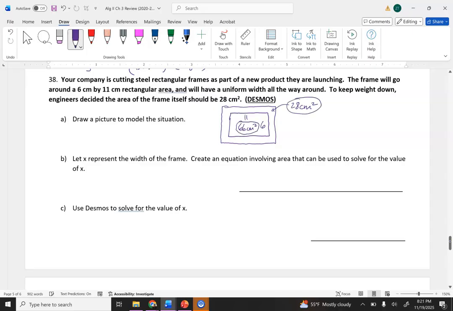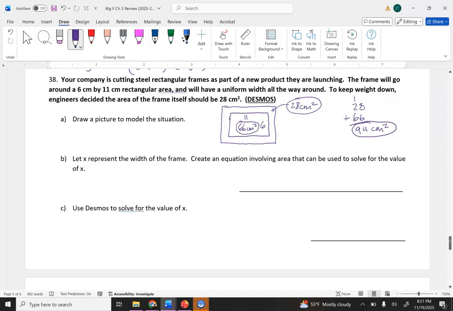Now we can obviously add those two values together. So 28 plus 66 would give us 94. So 94 centimeters squared represents basically the area of all of it, so the inner area and the frame area put together.